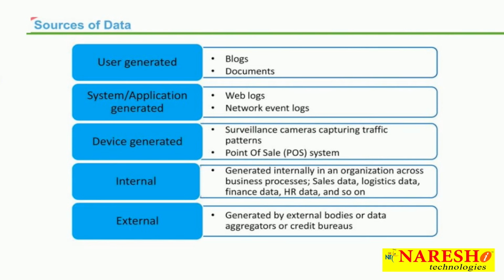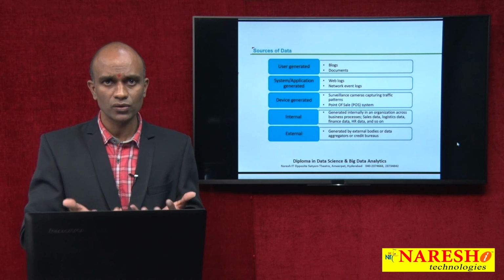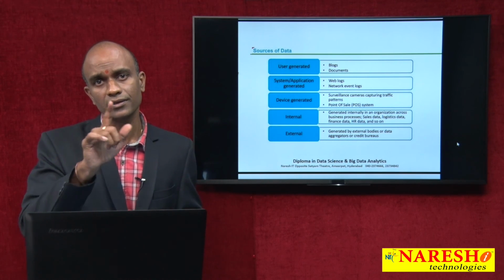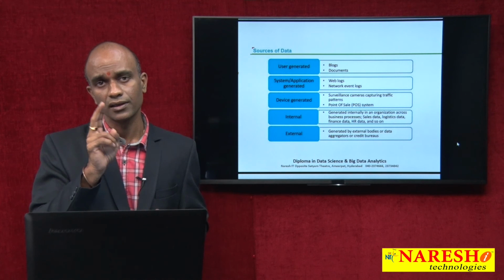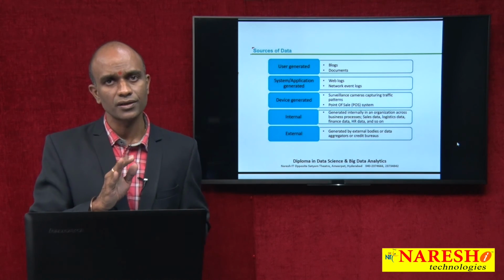If I step back a little bit, user generated data is something that is entered by the user, guys. When you get onto a Facebook or Twitter, we are entering the data. That is, the user is generating the data. That is what is user generated data. Then we have what is called machine generated data. What is machine generated data?